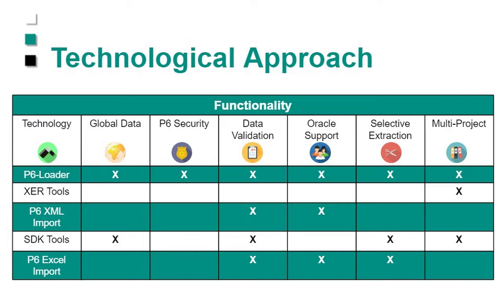So the next thing that we had available was in P6, you have the ability to use Excel import and export directly. So that's good because there's data validation there. It's supported. You can selectively extract data to Excel and then you can write it back. But there's a few problems. The first one is you can't access any global data. It's basically project and resource data only.